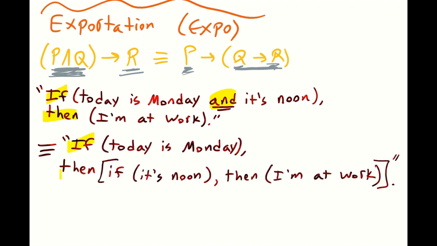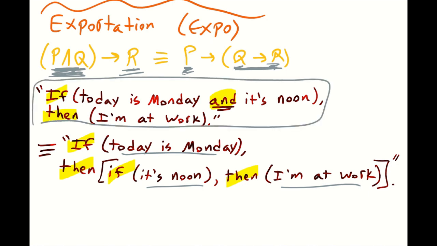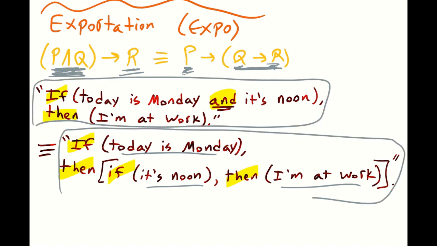If today is Monday, then if it's noon, then I'm at work. We can see that this is equivalent. So if today is Monday, check. Then if it's noon, let's say it is, check. Then I'm at work. So this first thing is definitely equivalent to the second thing.